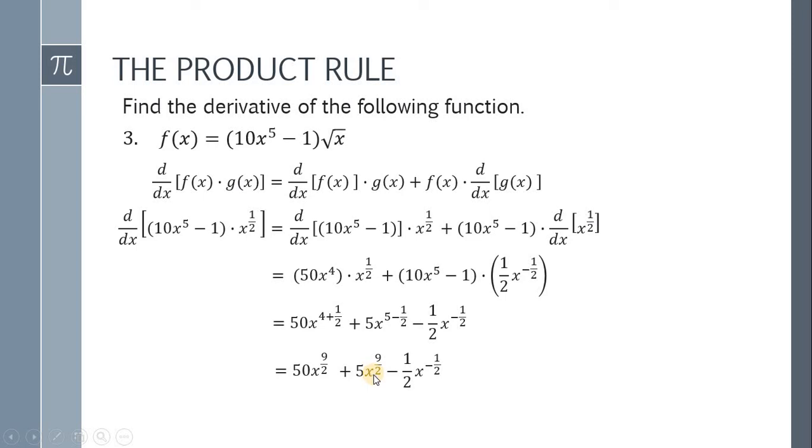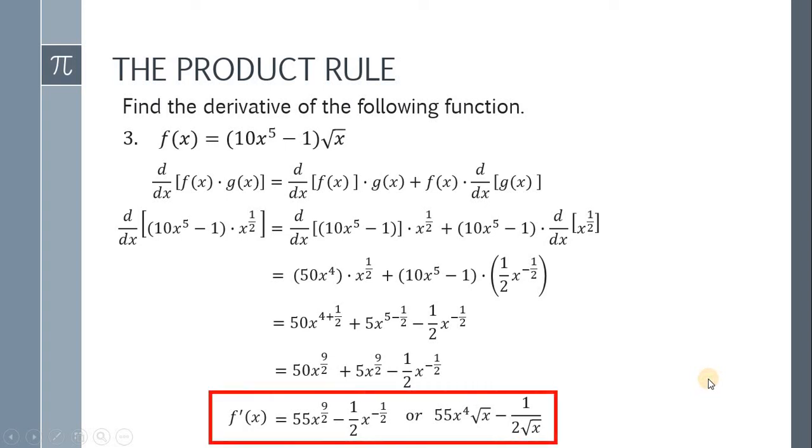So 50 plus 5, we have 55 x raised to 9 over 2 minus 1/2 x raised to negative 1/2. So ito, pwede natin siyang sabihin na final answer. Or pwede natin siyang i-simplify as 55 x raised to the 4th power square root of x minus 1 over 2 square root of x. And kahit alin dyan ay pwedeng maging f prime of x and we're done.